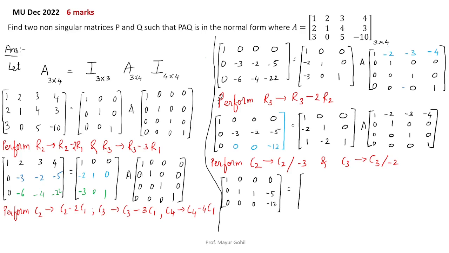And this matrix A remains unchanged, and here I will have 1 0 0 0. Now C2 is divided by minus 3, so I will have 2 by 3, minus 1 by 3, 0, 0. Then C3 is divided by minus 2, so I'll have 3 by 2, 0, 1, 0. And C4 has no change, so I'll just keep minus 4, 0, 0, 1.